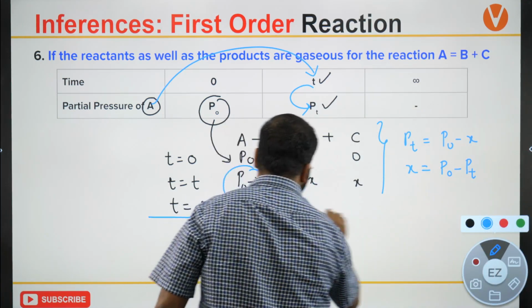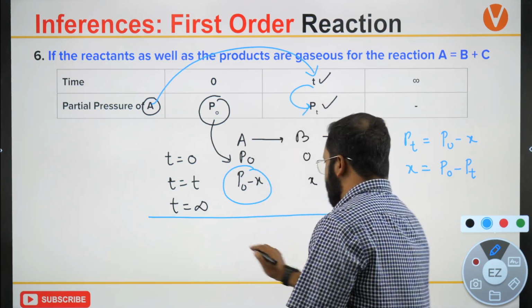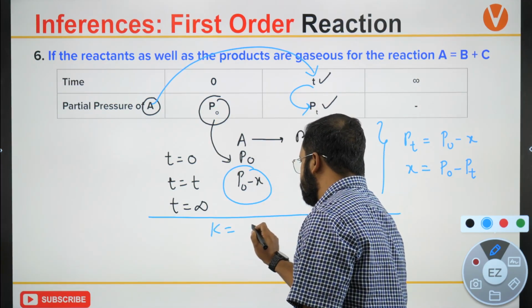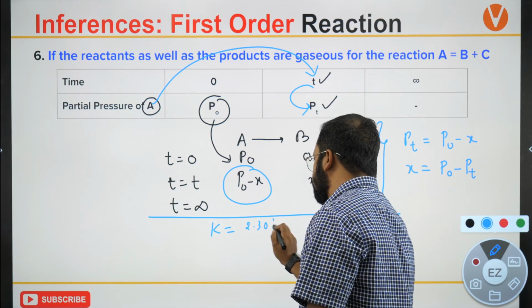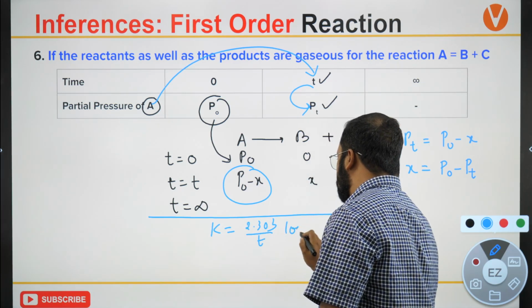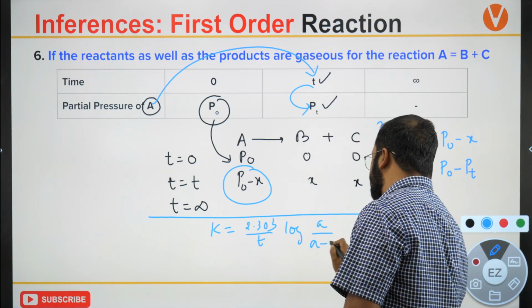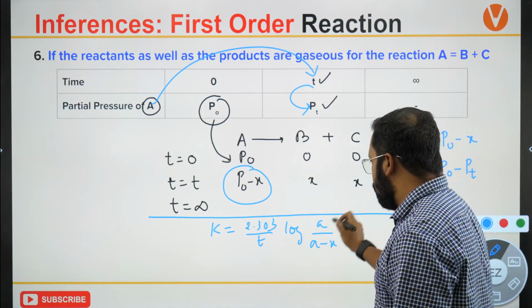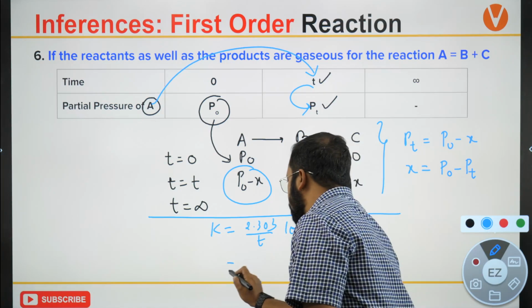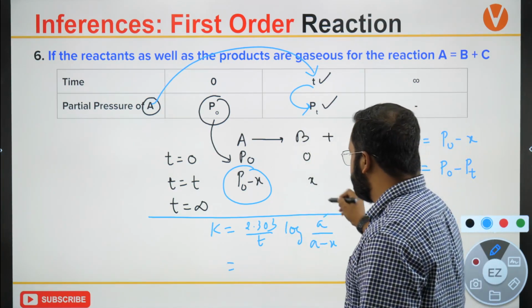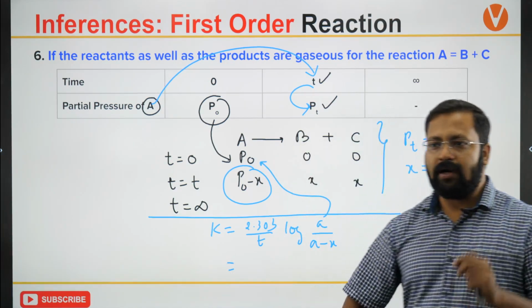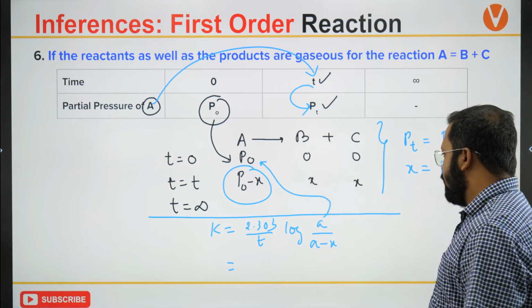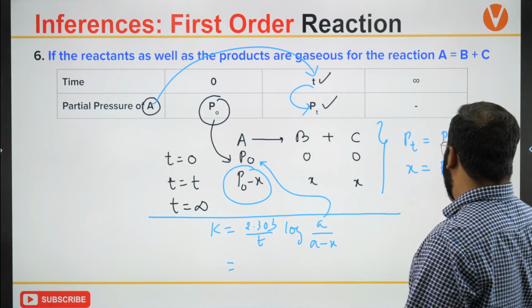Now what is the equation? K is equal to 2.303 upon T log of A upon A minus X. Now what can I write for A? A is the initial value. And what is X? P naught minus PT.